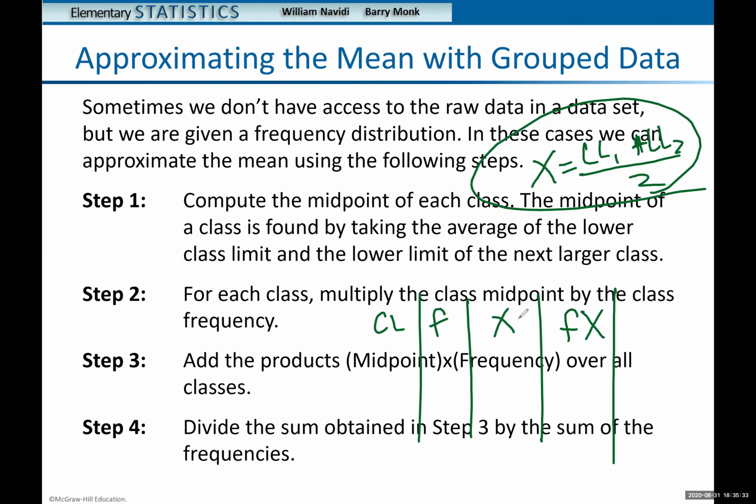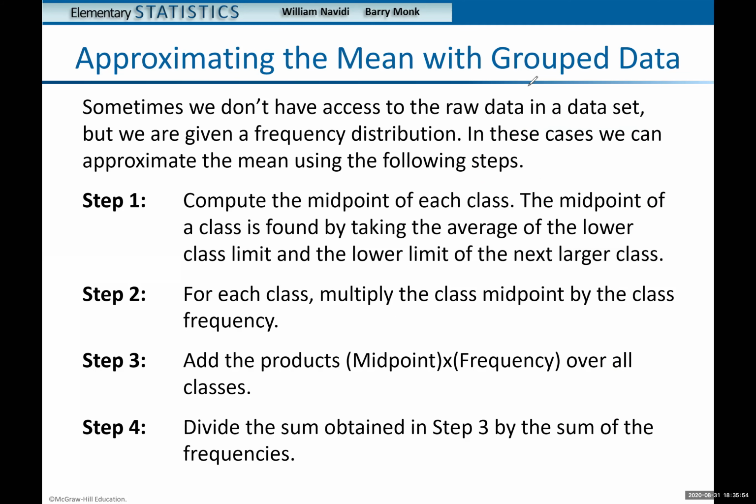So multiply these two numbers. And then all you have to do is add the numbers here and then divide by your total n. So that's how you solve for the mean.